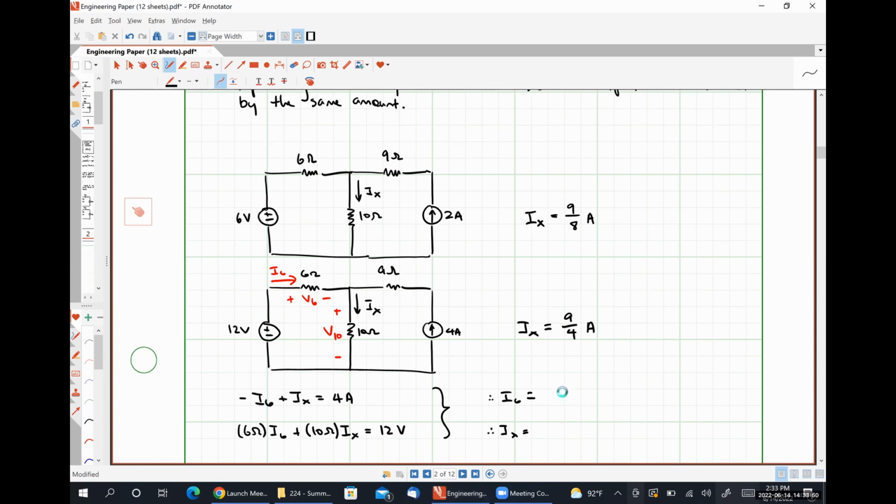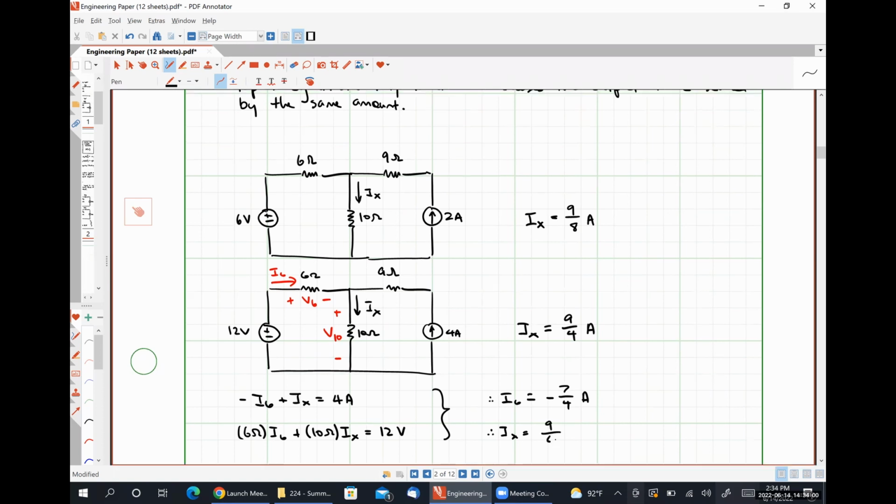And I get negative 7/4 of an amp for I6, which is exactly twice as large as it was previously. And I get 9/4 of an amp for IX, which is exactly what was predicted if the scaling property or homogeneity property were to hold true for this particular circuit.